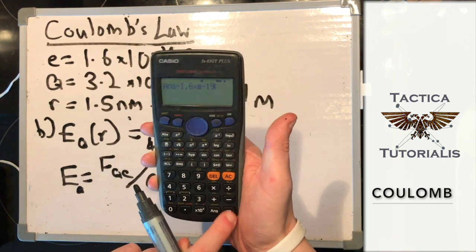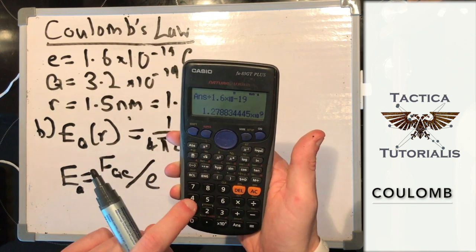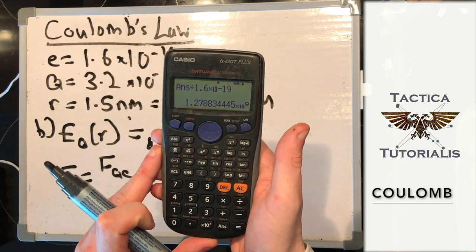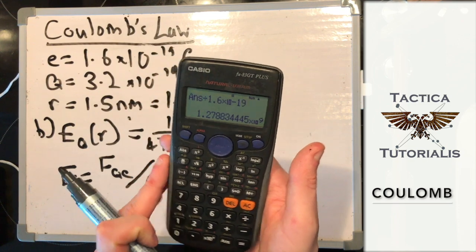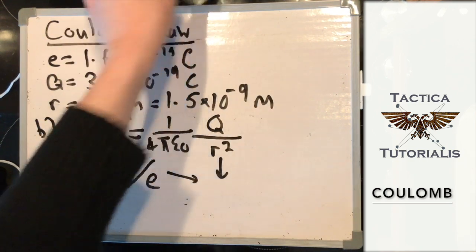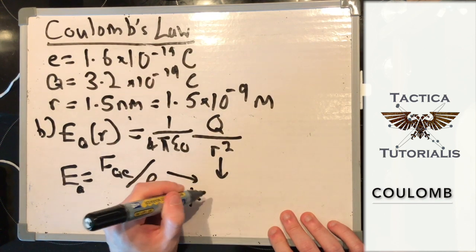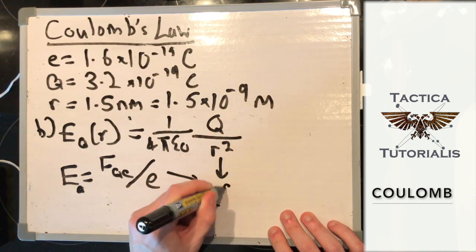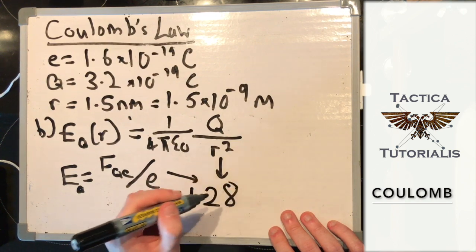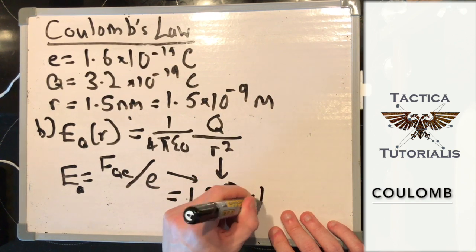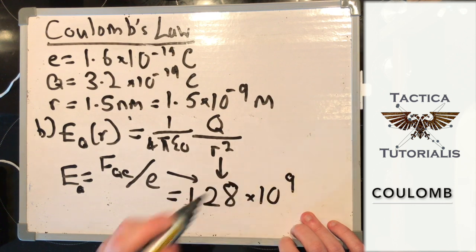You see I'm not doing any fancy tricks, and I get an answer of 1.28 times 10 to the 9.